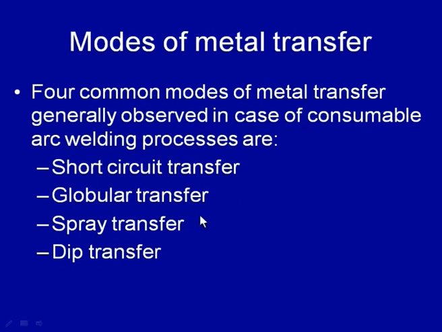Which type of metal transfer is active at a particular stage will depend upon the welding conditions, like the voltage, welding current, and the arc gap being used. Apart from this, the shielding gases also affect the mode of metal transfer, or the way by which metal transfer is taking place.